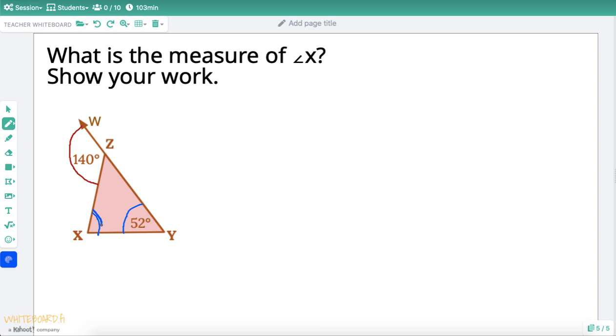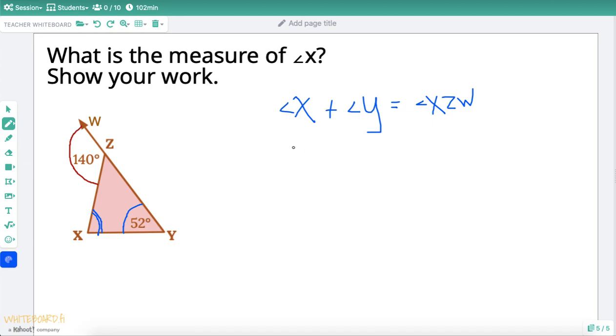Let's put a double curve on that to let us know that it's different than the 52 degrees, or at least we definitely believe that, because there's no way that 52 and 52 is going to give me 140, right? So as it stands right now, I know that angle X plus angle Y have to be equal to that exterior angle, which is angle XZW.